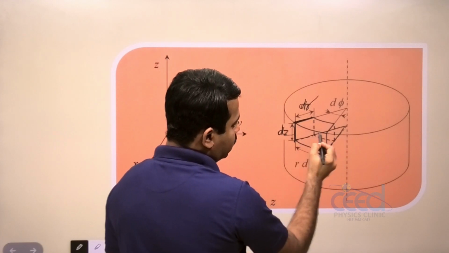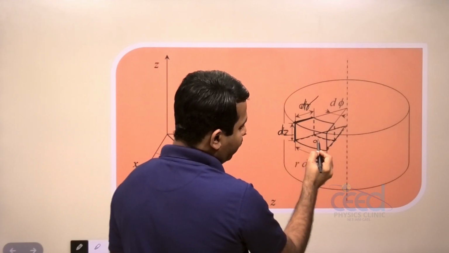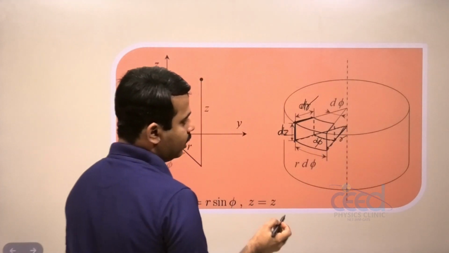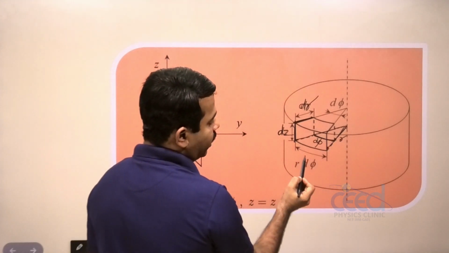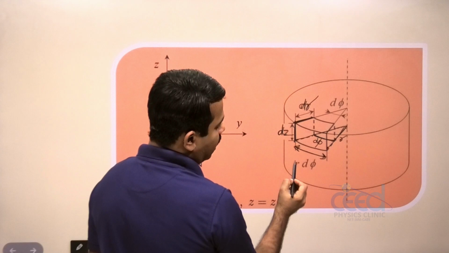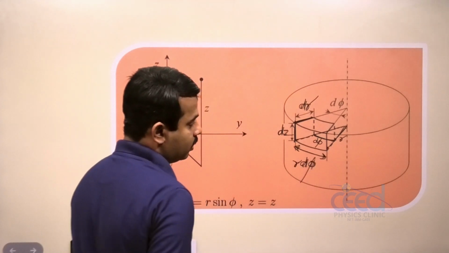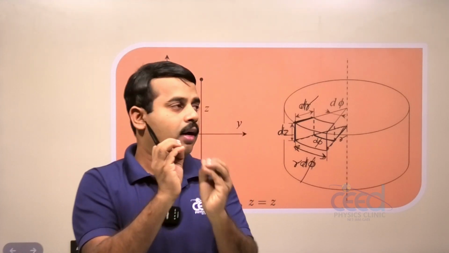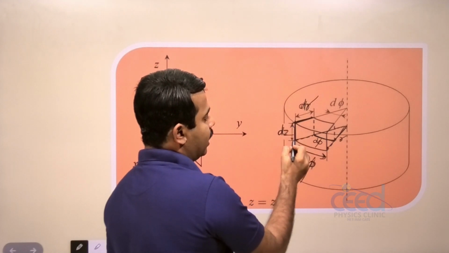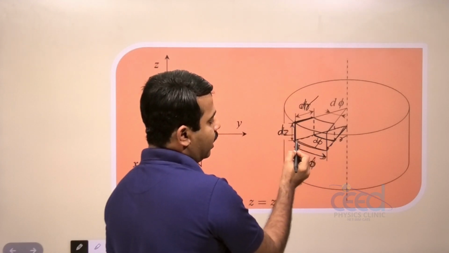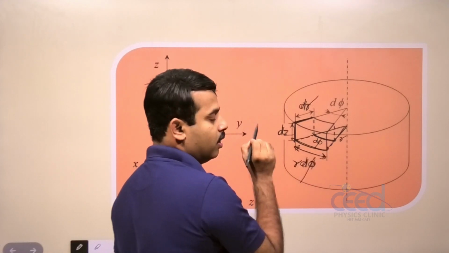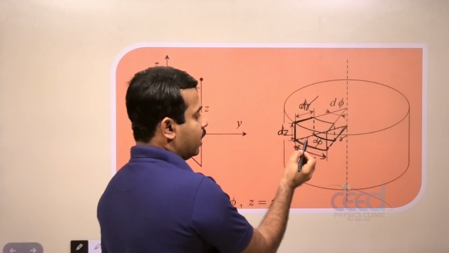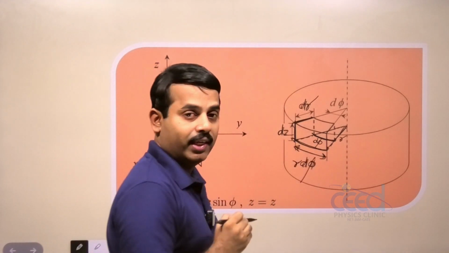So this angle change is a small d phi. So this is our radius. Definitely this arc length is r d phi. So the arc length is r d phi. So by increasing a small dr, and a small length dz, and the arc length by increasing the angle phi by d phi, the angle phi is increasing as d phi.